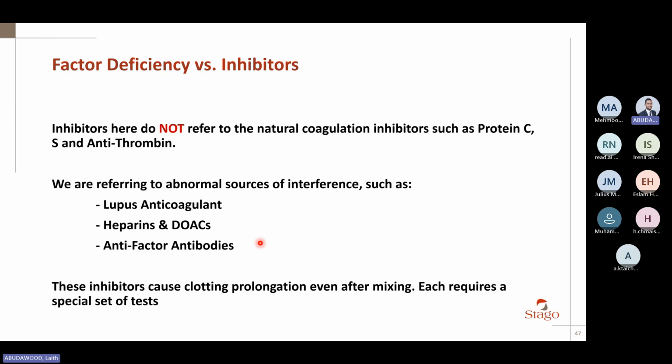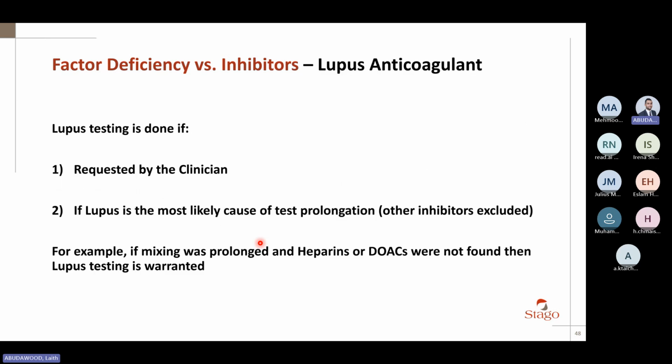So when do I do testing for the inhibitors? You might ask me, okay, why don't I always run lupus in this case? That depends. Okay, I will not go into much detail, but just for you to know. So if I have a prolonged mixing study and I'm suspecting an inhibitor, when do I do lupus testing? I will do the lupus testing if the clinician requests that, or if lupus is the most likely.